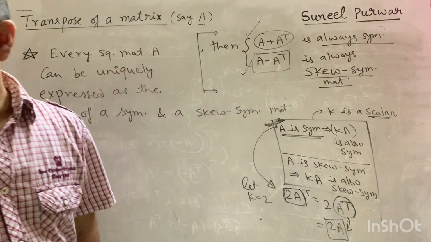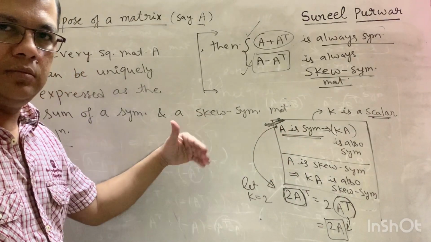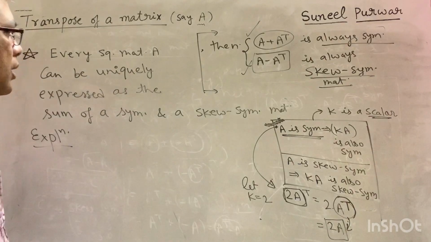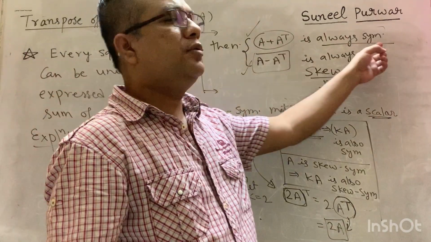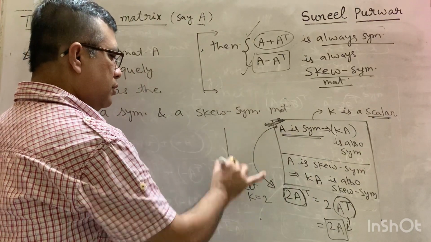All right. So अभी देखो इसको, इस लेटेस्ट रिजल्ट को कैसे हम यूज करने वाले हैं. तो A plus A ट्रांसपोज इज ऑलवेज सिमेट्रिक. K की वैल्यू 1/2 ले लो. Let me take k equal to 1 by 2.